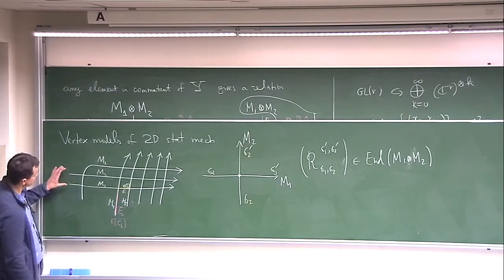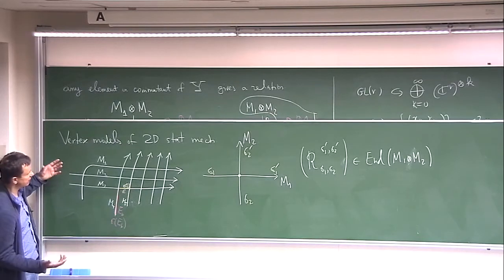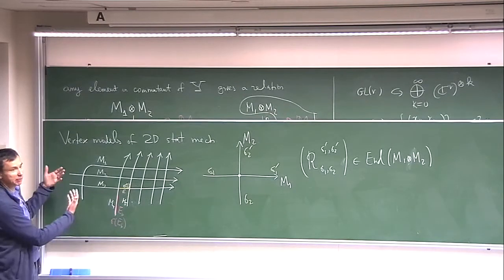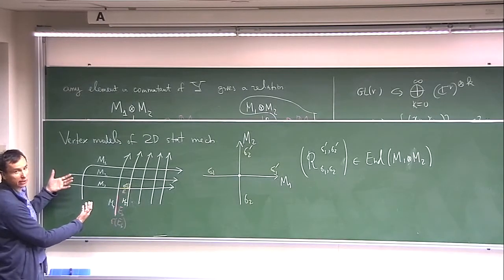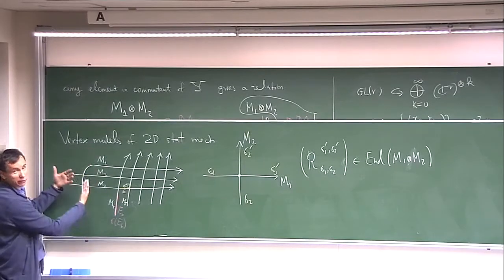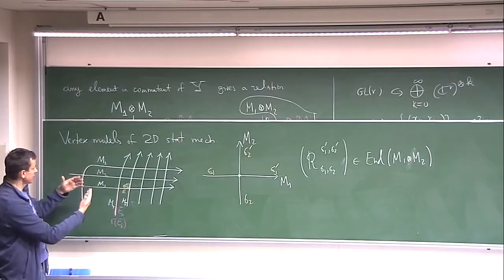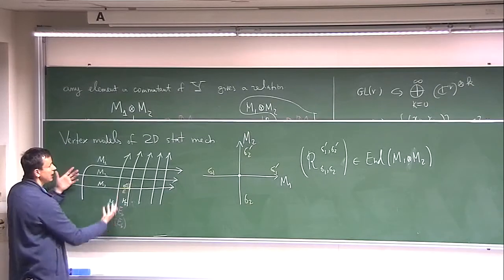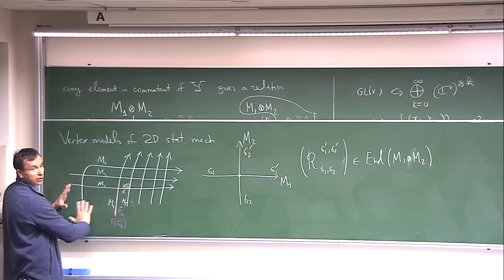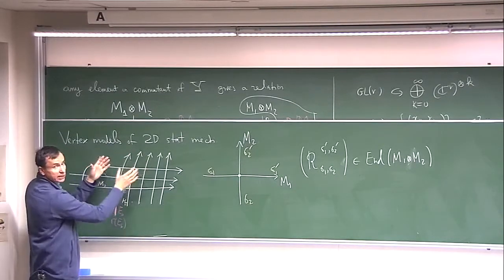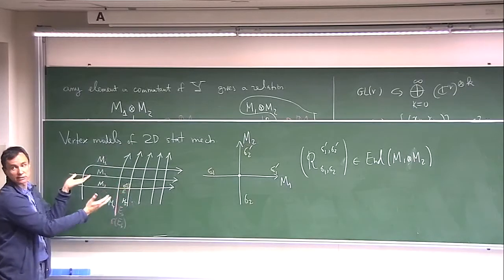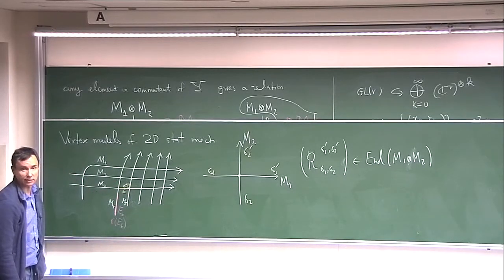The partition function is then a map from the incoming boundary to the outgoing boundary, according to the orientation of my lines. It's a map from the tensor product of the incoming ones to the outgoing ones, defined by contraction of indices in this diagram.